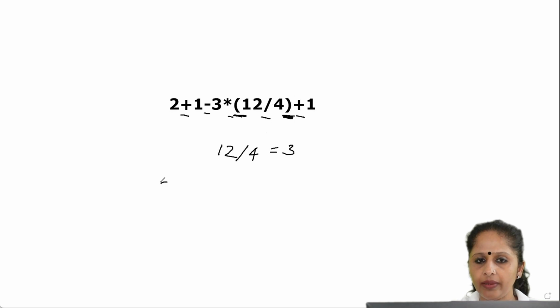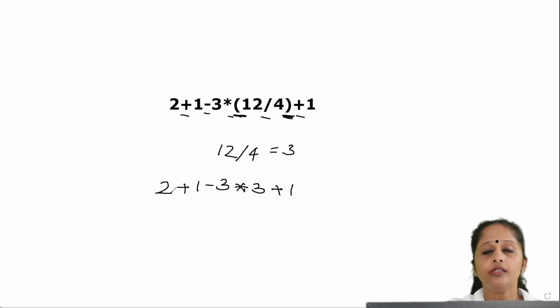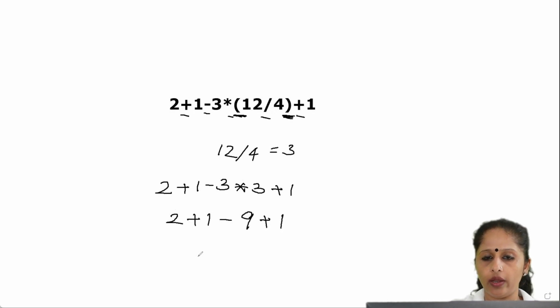So the expression will be like this: 2 plus 1 minus 3 into 3 plus 1. Out of these operators, multiplication has the highest precedence. So first it multiplies 3 and 3, giving 2 plus 1 minus 9 plus 1.